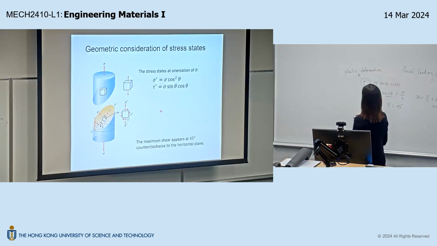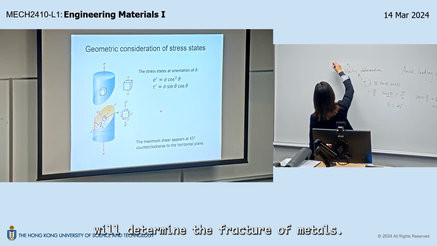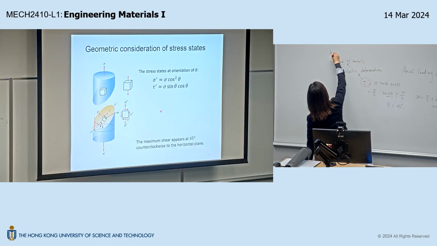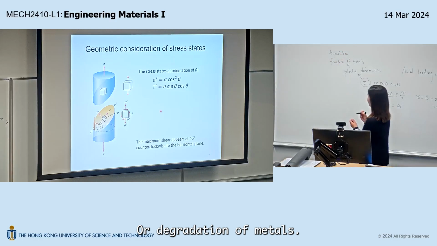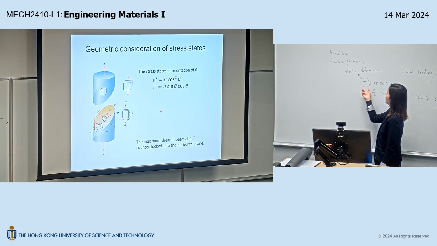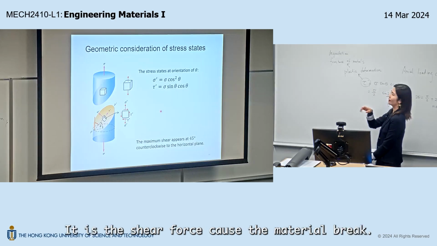And also, this plastic deformation will determine the fracture of metals, or degradation of metals. So this content is very important in material science. Usually it's not the normal force that causes the material to break. It is the shear force that causes the material to break.